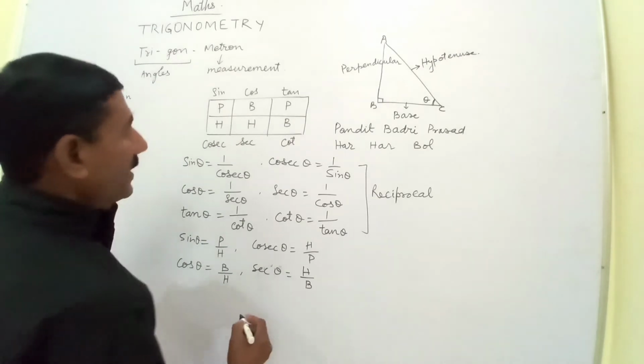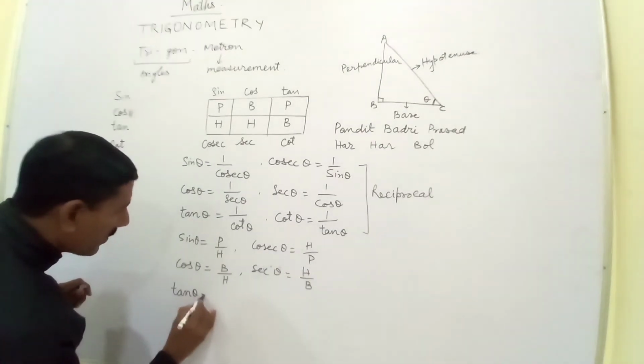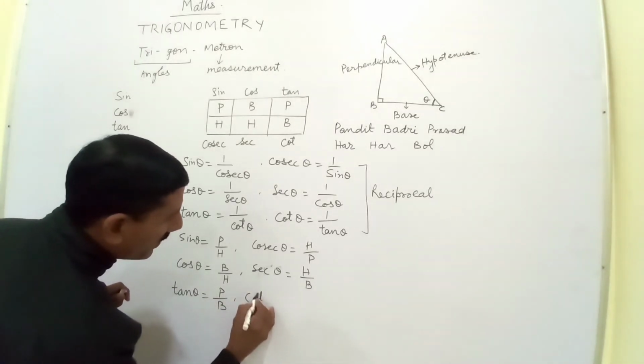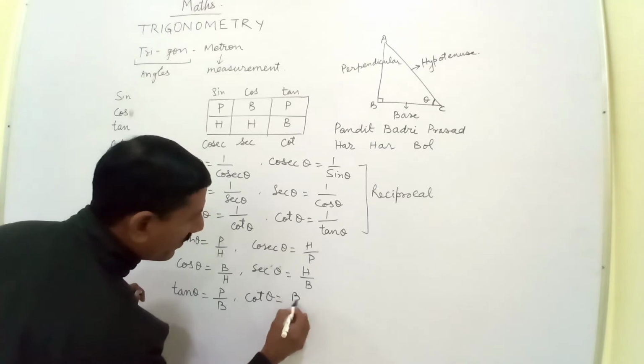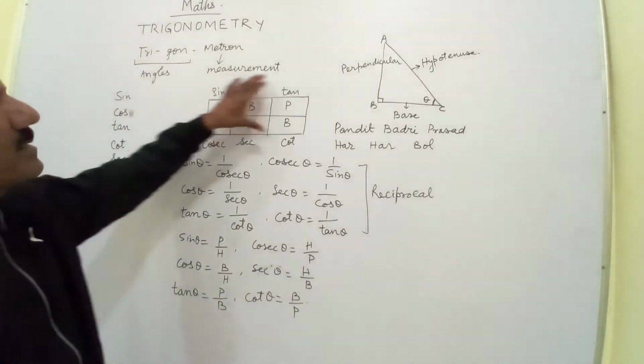Similarly, tan theta equals perpendicular upon base, and cot theta equals base upon perpendicular. These are the 12 formulas which you can simply learn by this table.